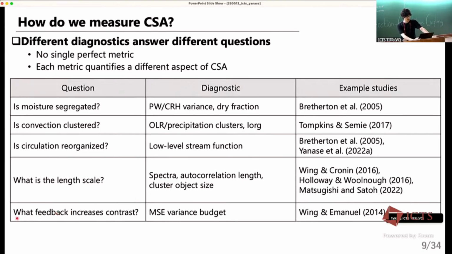And when we ask what physical mechanism or feedback increases the contrast, we use budget analysis, for example, the MSE variance budget. So when we quantify self-aggregation, or more generally convective organization, we should first ask what we want to know. The question should be clarified before determining the diagnostic, since each metric quantifies a different aspect of convective self-aggregation.